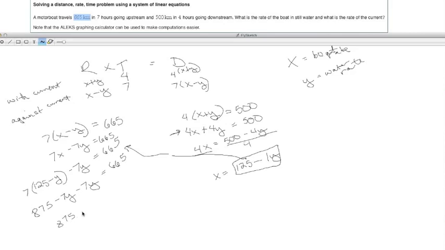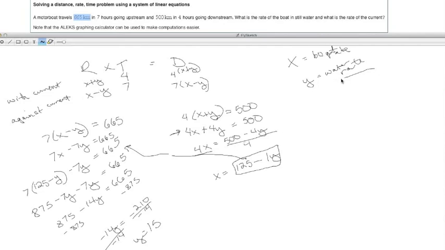So 875 minus 14y, negative 7y and negative 7y is negative 14y, equals 665. Now I'm going to subtract 875 from both sides. So 665 minus 875 is negative 210. On the left side we have negative 14y. So we want to divide both sides by negative 14. And we get y equals 15.